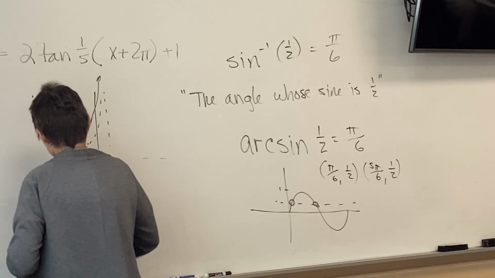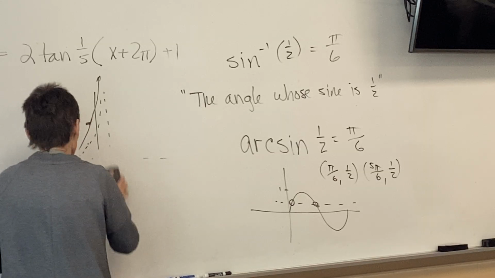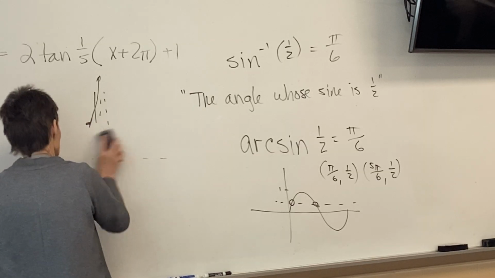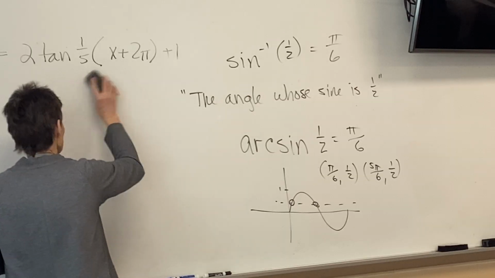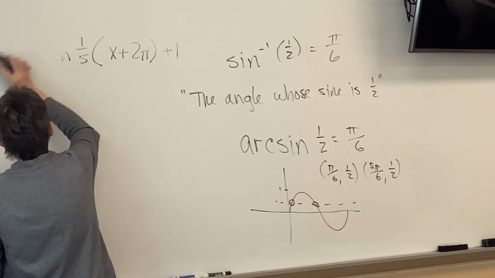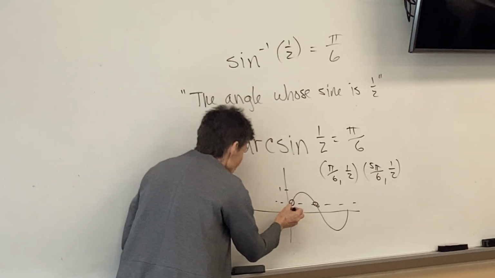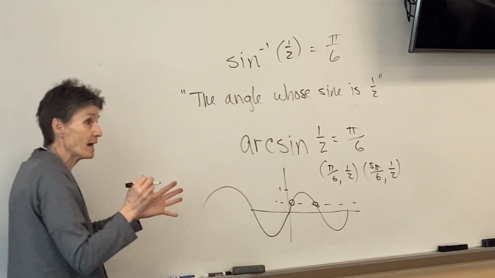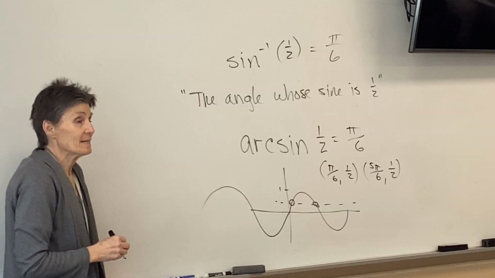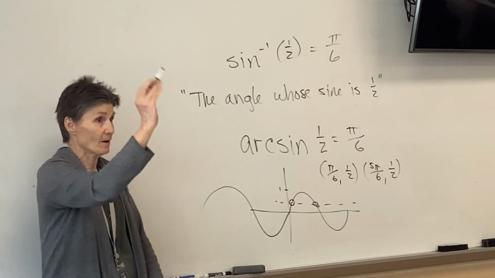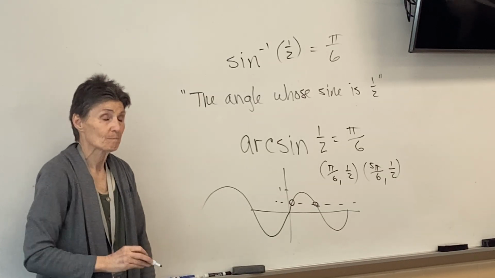So, some really smart guys a long time ago said the only way we can prevent this, the inverse of the trigonometric functions is not a function. Sine is clearly a function. Would you agree with that? Sine is a function. But its inverse is not a function. It would look like this.